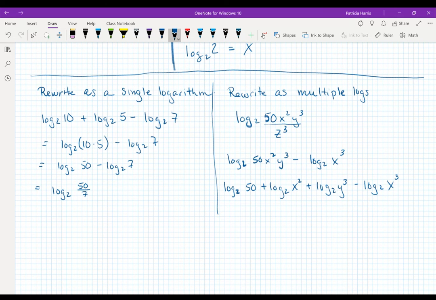Okay, and then according to the power rule for logs, a power to a power changes to multiplication, I could bring all those powers of 2, 3, and 3 down to the front. So my final answer would look something like this.